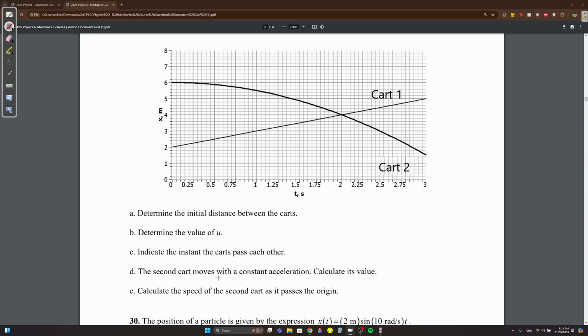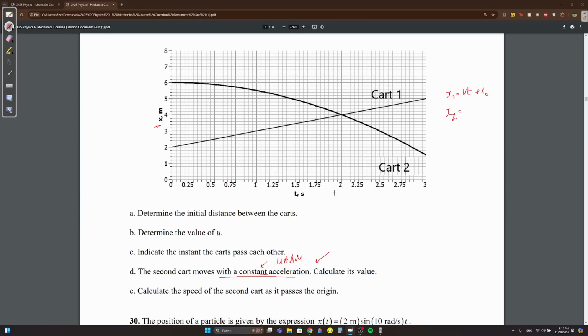The second cart moves with a constant acceleration. Calculate its value. They told us it moves with a constant acceleration, meaning cart 2 moves at UARM. Now we're comparing x's. For cart 1, since it's moving with a constant velocity, x equals vt plus x naught. How about for cart 2? It's UARM.